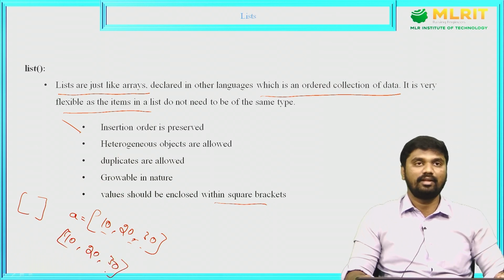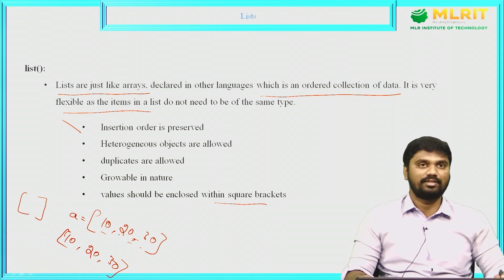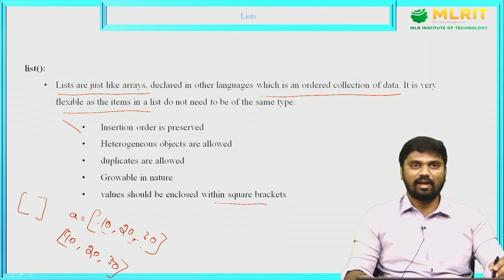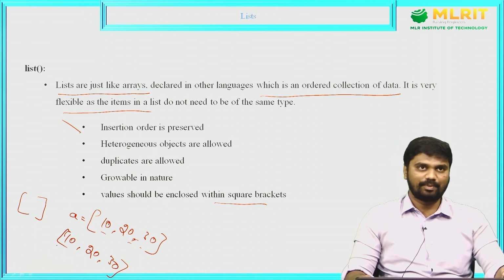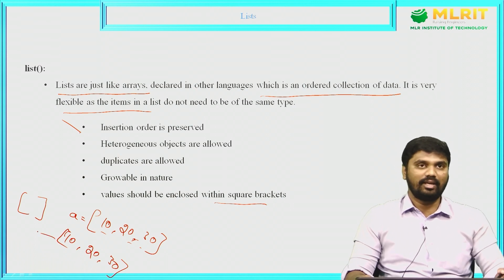That means the order of the elements does not change whenever the elements are displayed. The first value is 10, so the first displayed value is also 10, and the second value is 20, and here the second displayed value is also 20. Like that, insertion order is preserved.